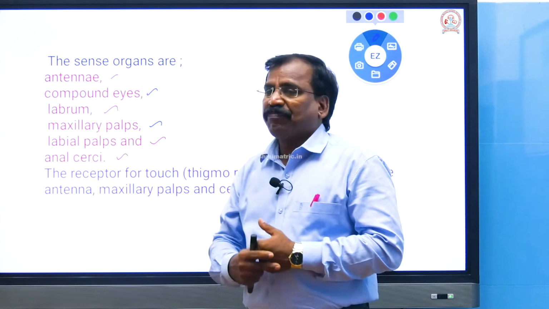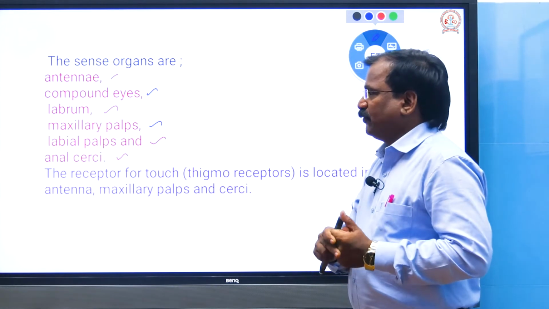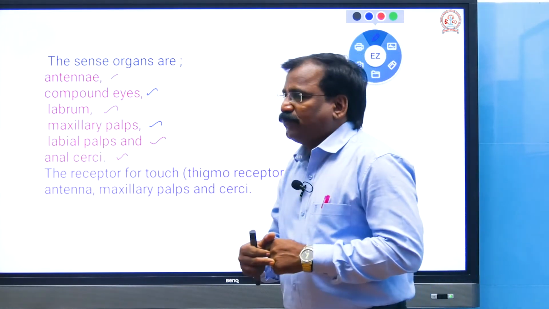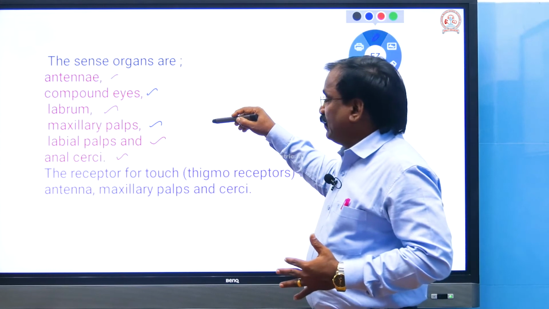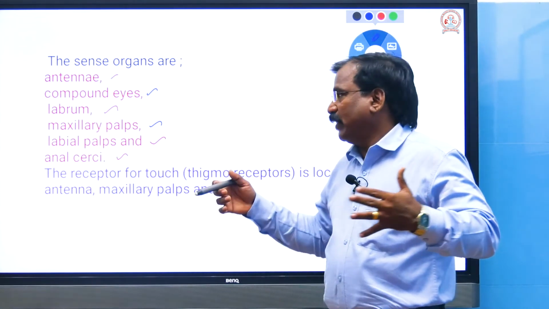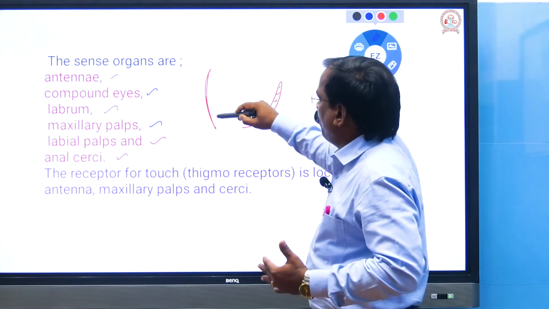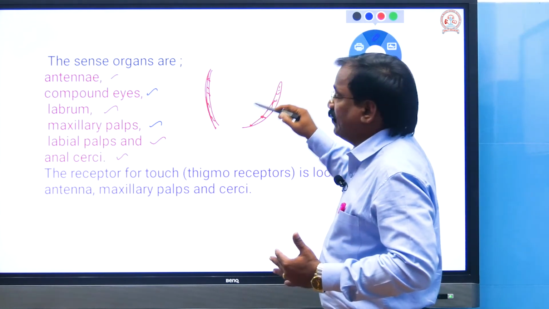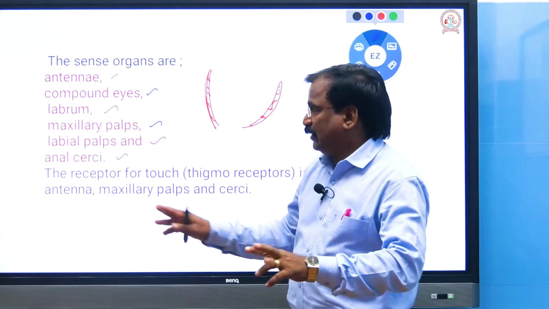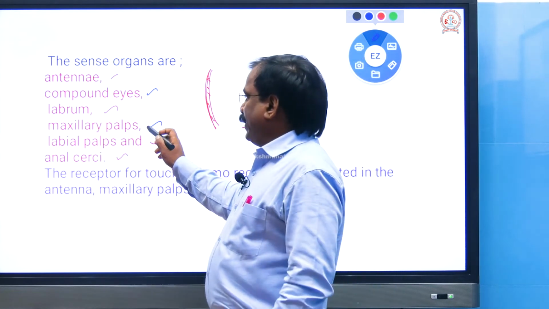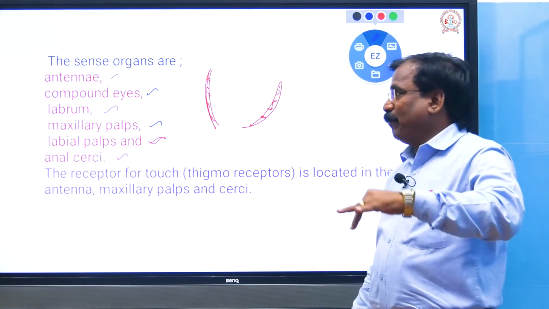Next is the labrum, one of the mouth parts, along with the maxilla and mandible. On both sides of the mandible are the many-jointed maxillary palps, which act like a hand and also serve as sense organs for touch. Similarly the labial palps and labium.